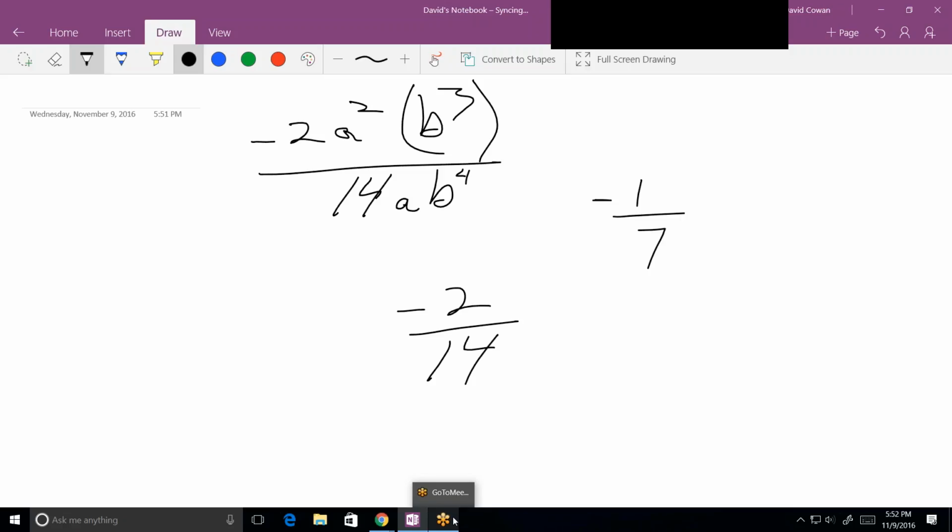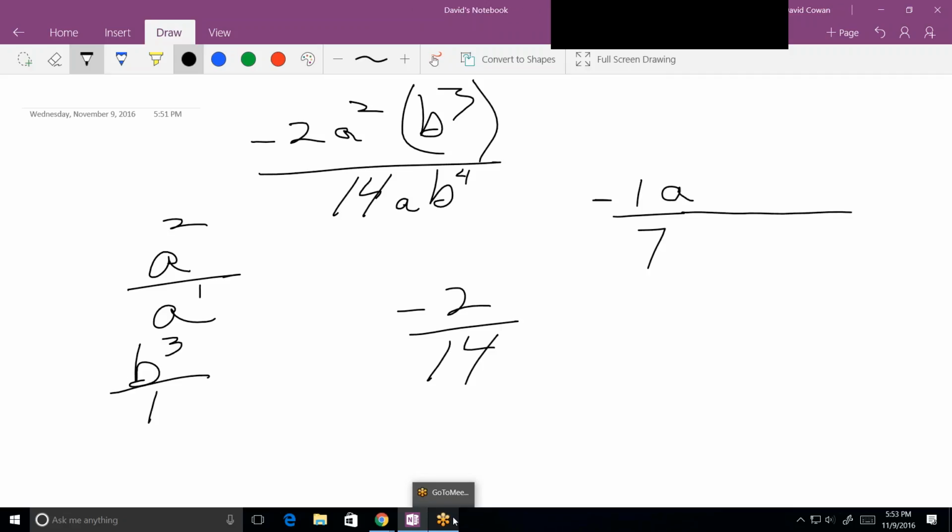Now, let's look at the letters. What is a squared, the numerator, divided by a? Would that just be a to the third? No, you subtract exponents when you're dividing. So it'd just be a. What's b to the third divided by b to the fourth?